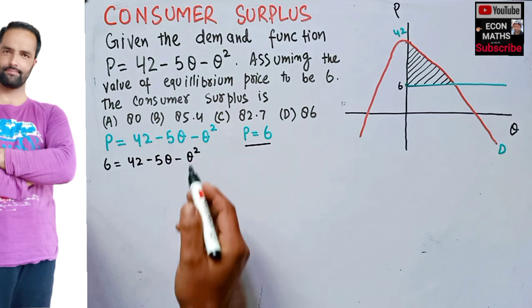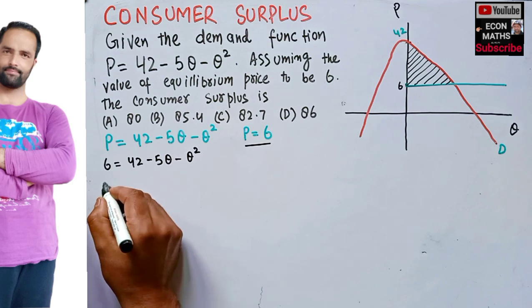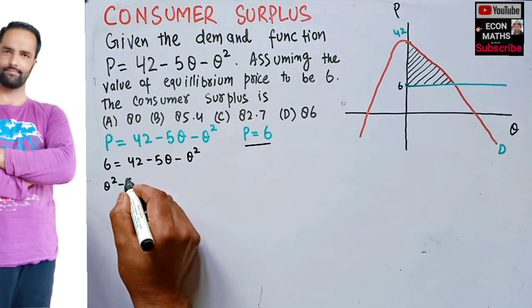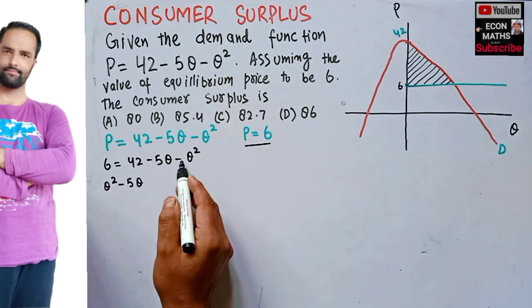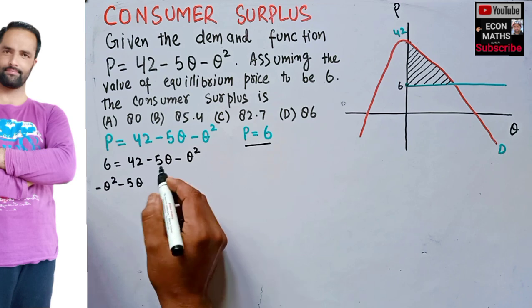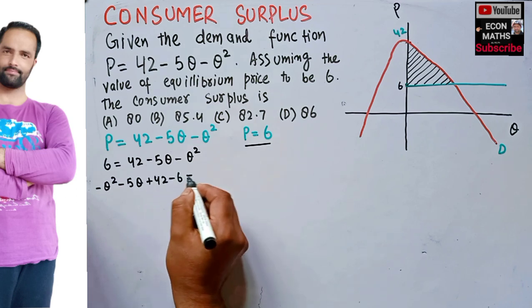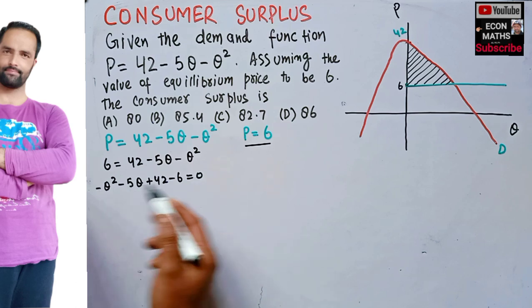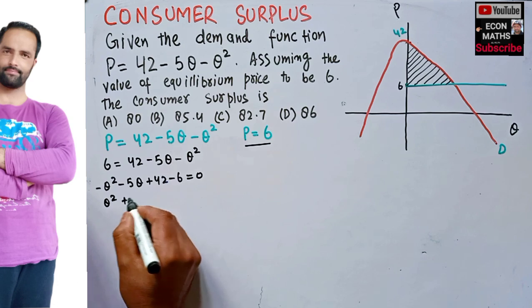We can write it as minus Q square minus 5Q plus 42 minus 6 is equal to 0. Let us multiply both sides by minus 1. We will get Q square plus 5Q.